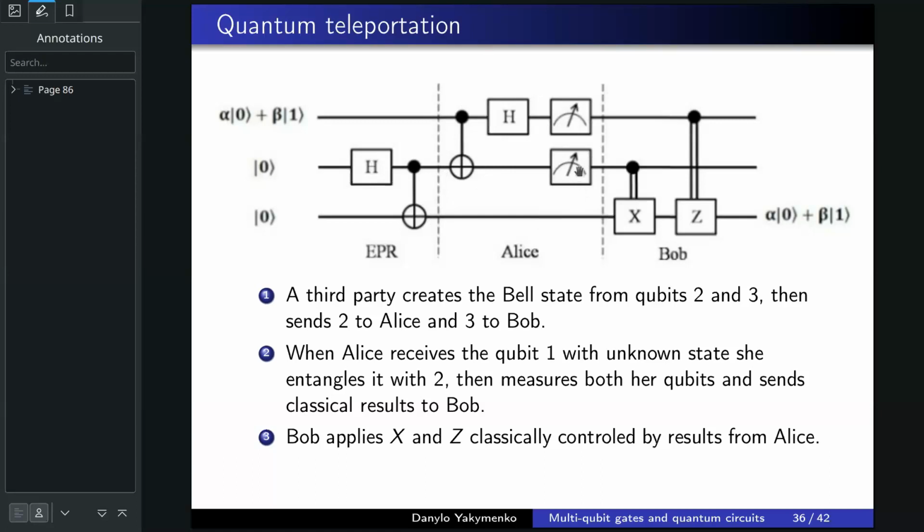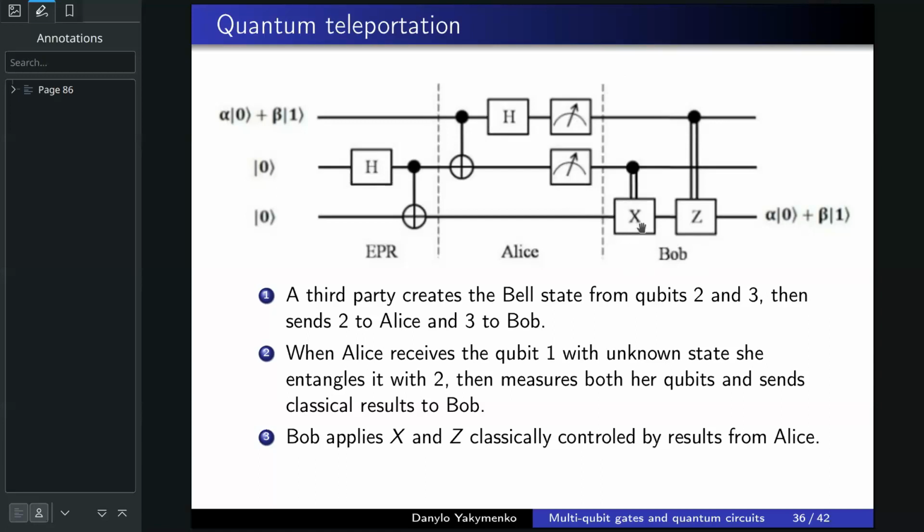And then she sends these classical bits to Bob by some classical means. And the final stage, when Bob receives these two classical bits, he performs the classically controlled operations.